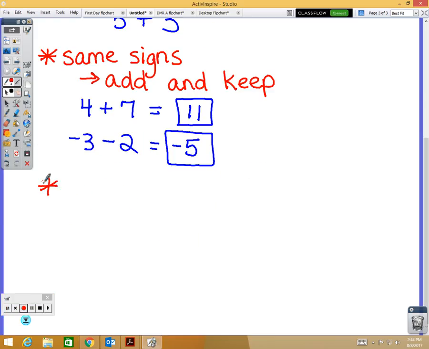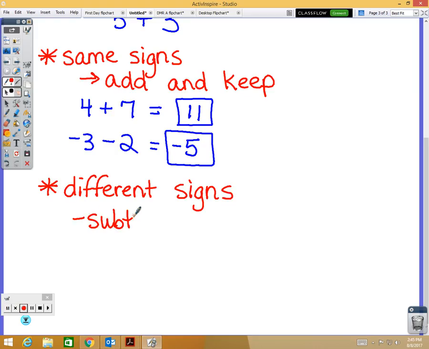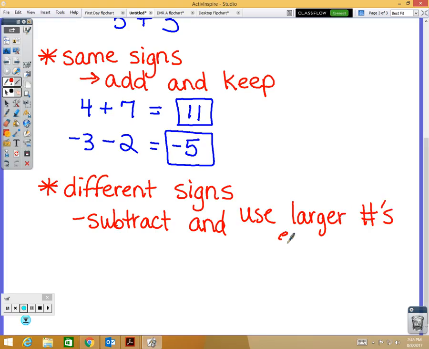If they have different signs, we're going to subtract the absolute values and use the larger absolute value's sign. So subtract and use the larger number's sign.